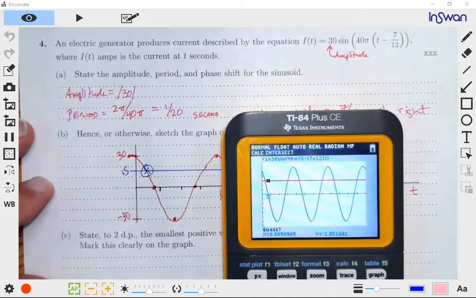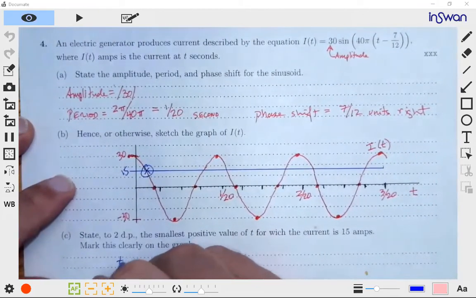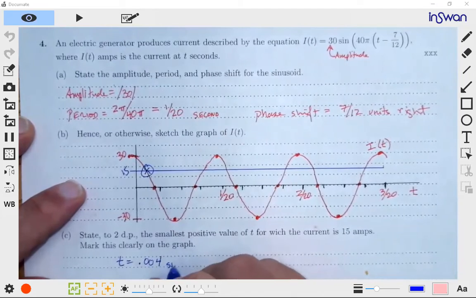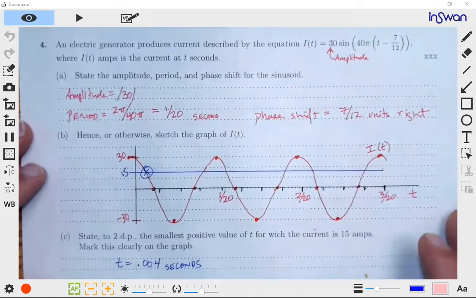Guess, press enter thrice, and it'll give me the estimation. That's 0.00, so I'm going to give it to 3 decimal places, which would be 0.004. So the time would be 0.004 seconds, and we've marked it clearly on the graph.